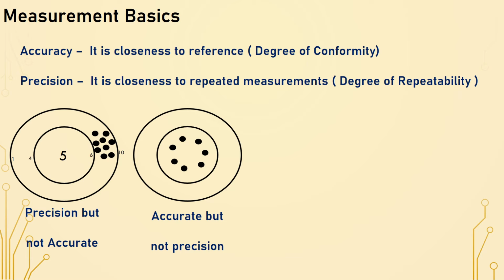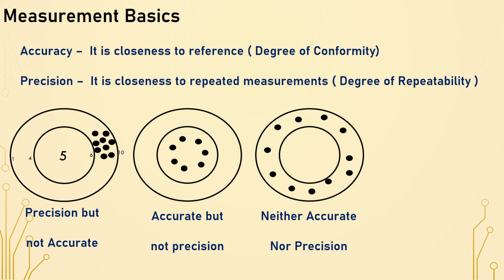So this is accurate but not precise. And the third one, you can see in this image, the readings taken through the measurement system are completely away from the standard value, and the distance between the individual readings is also very high. So this is neither accurate nor precise.